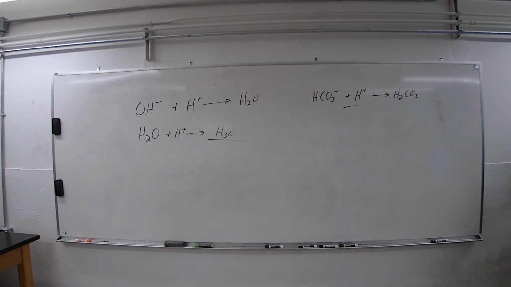What's the conjugate base in number 5? Conjugate base is where you remove an H plus, so it's going to be SO2 negative. What's the conjugate base of number 7? S2 negative.